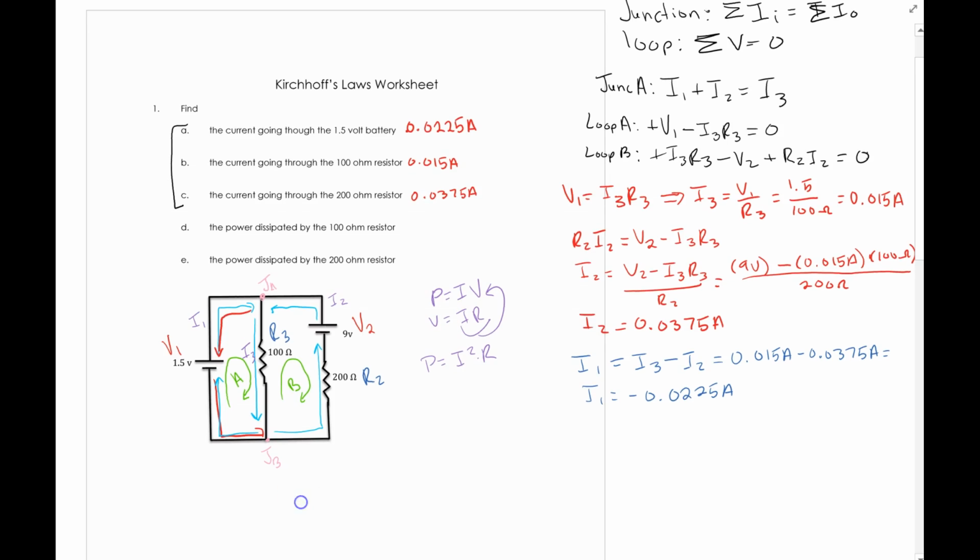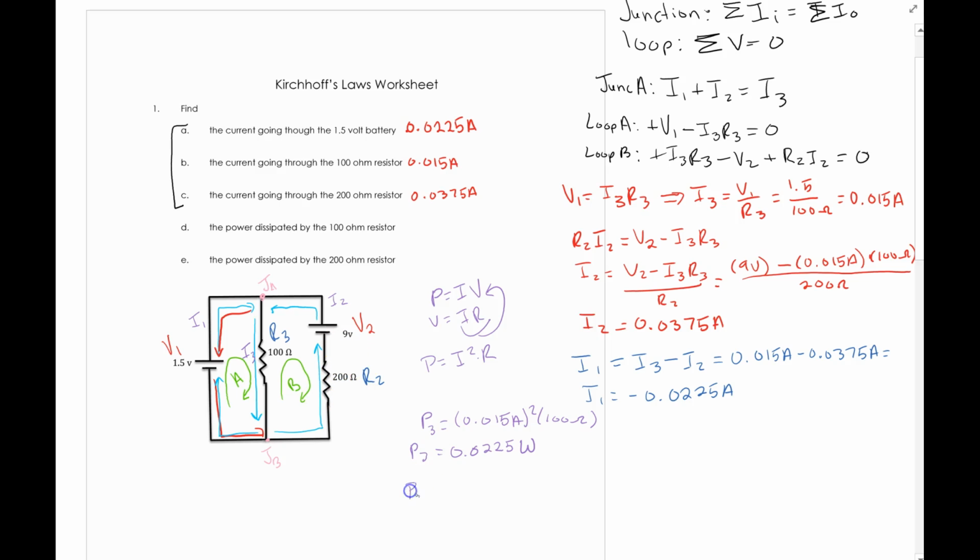So we can find the power for my R3 thing. So P for 3 is equal to my I3 squared times R3, which is 0.015 amps squared times 100 ohms. And it happens to be a number we've already seen before, which is 0.0225. And power, as you should recall, is measured in watts. And now we're going to do the power for this one.